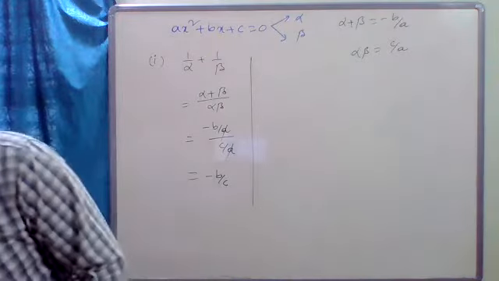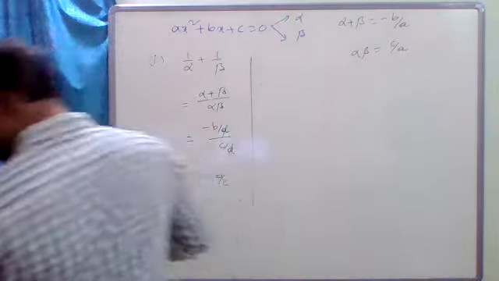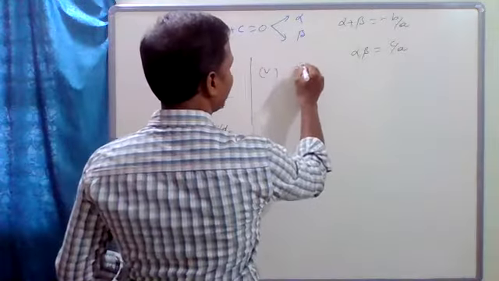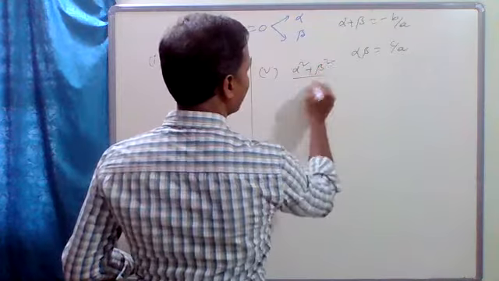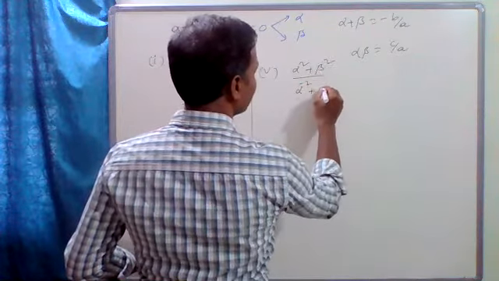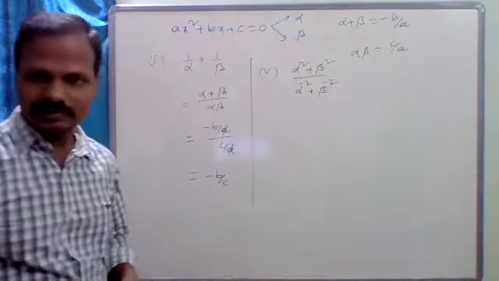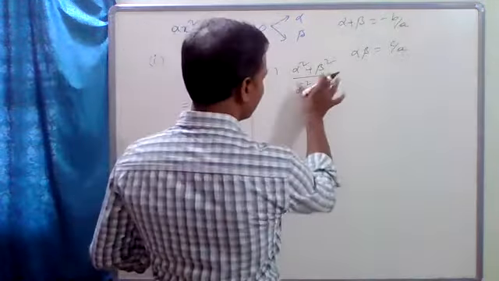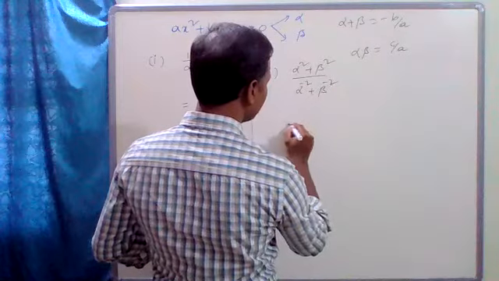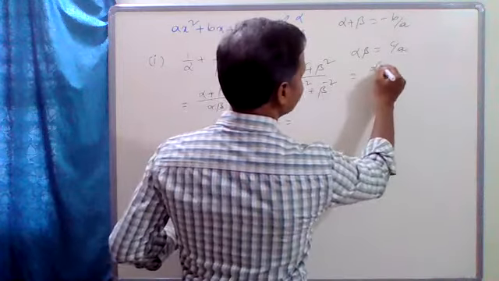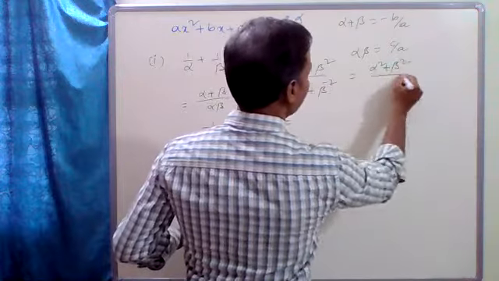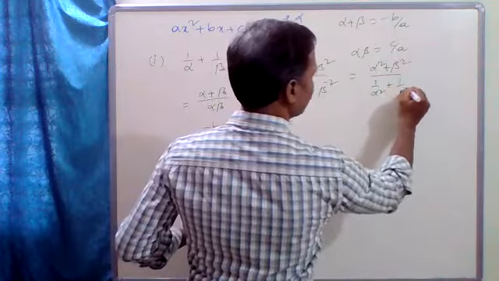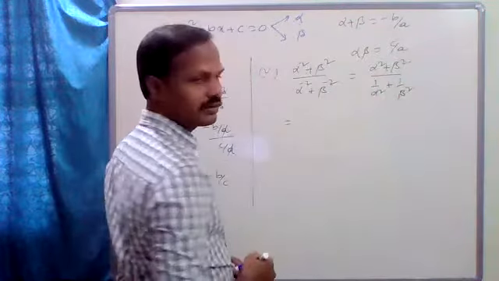Alpha square plus beta square by alpha power minus 2 plus beta power minus 2. The fifth one. Now from this, how can we write this? This is equal to alpha square plus beta square by 1 by alpha square plus 1 by beta square.